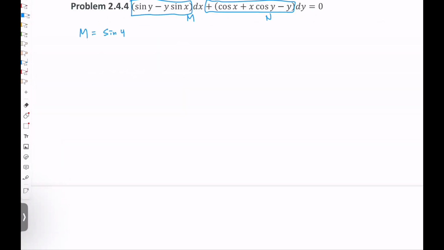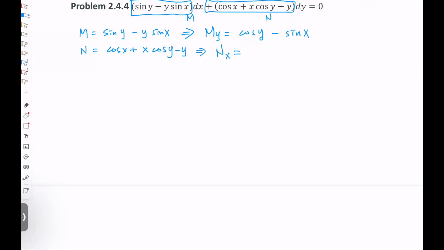M equals sine y minus y sine x. From here, M in terms of y, My equals cosine y minus sine x, and we have N equals cosine x plus x cosine y minus y.